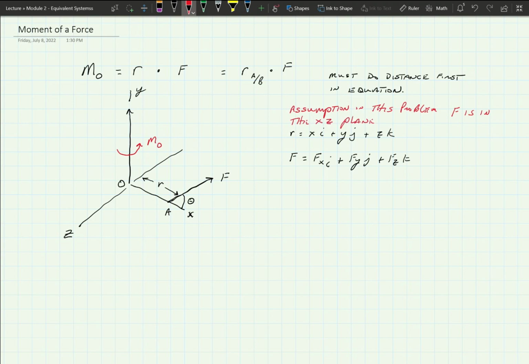So it's not vertical, it's back at an angle. We got this and this, so it helps lay that out. So basically the vector F is laying flat on the XY plane, or XZ plane, okay, cool.